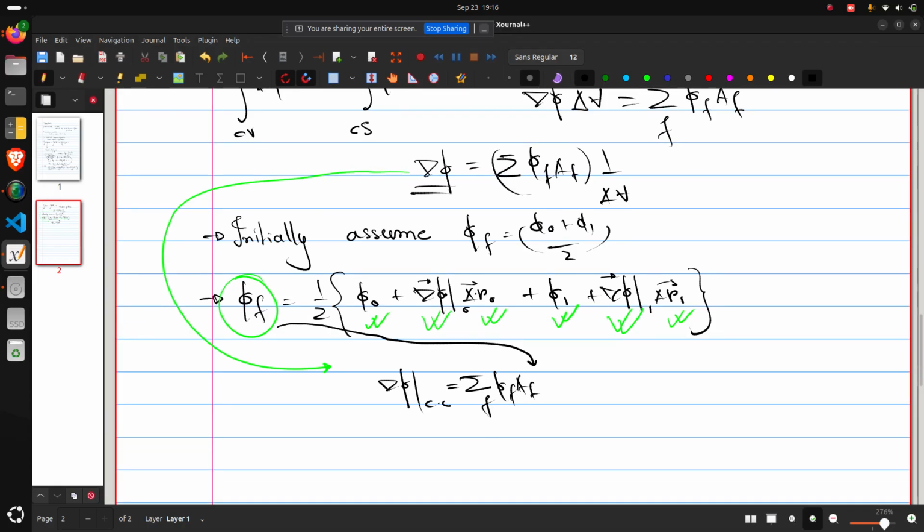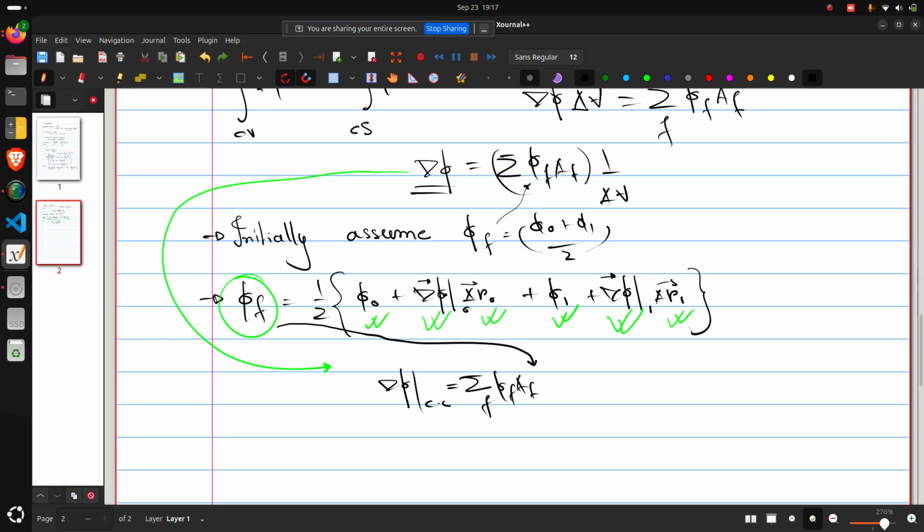Just to give a brief overview: we compute the gradients using some approximate phase center values, which we get from this expression, and then we get an approximate value for the gradient of phi. Then we use this approximate gradient of phi to get the phase center values phi f using this expression.